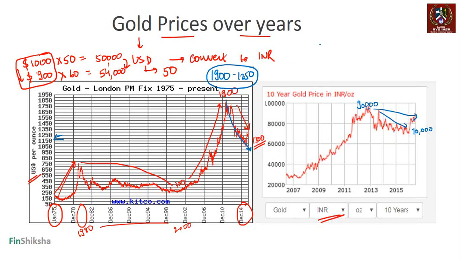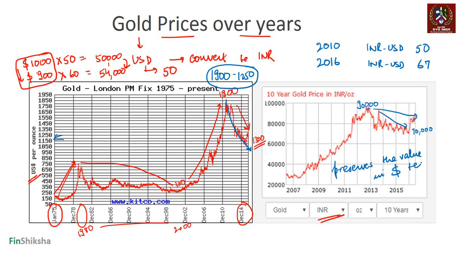Why is that? Because in 2010, INR to USD was 50, and in 2016, INR to USD is 67. So this is one important trait of gold: gold preserves the value of your money in dollar terms.